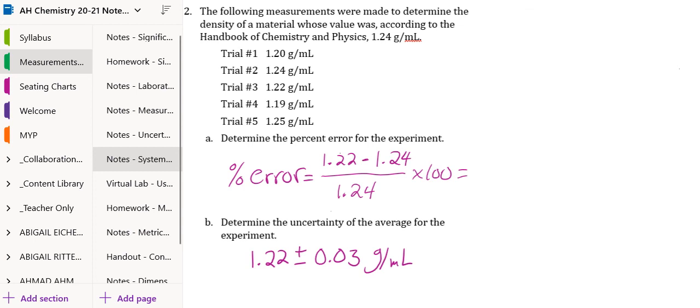So again, for this one, I would take 1 significant figure, 2 significant figures, or 3. What did you guys get for percent error? 1.6. Okay. Good. And that is percent error.